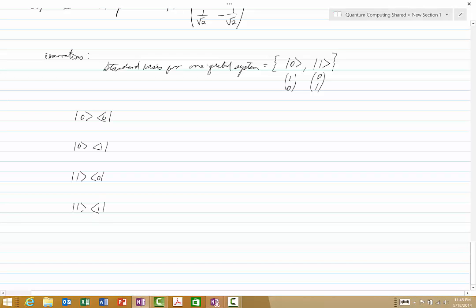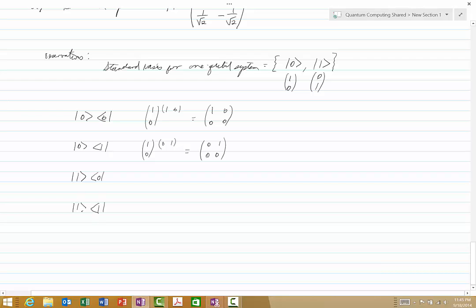And if we look at the matrix form for each one of these, well, here we would get 1, 0 times 1, 0, which would give us the matrix 1, 0, 0, 0. Here we would have 1, 0 times 0, 1, which would give us 0, 1, 0, 0.